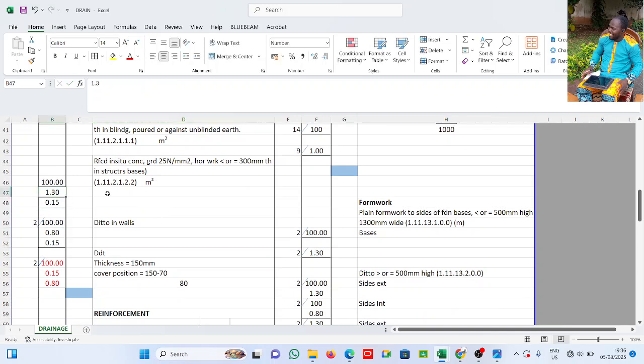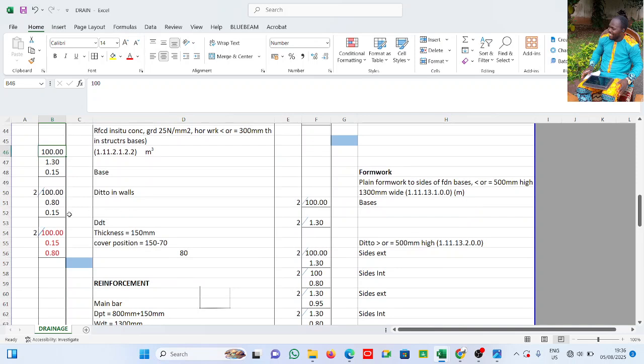This is base, and then to walls. The base is 1.3, the thickness is 150, the length is 100. So 100 by 1.3 by 0.15.